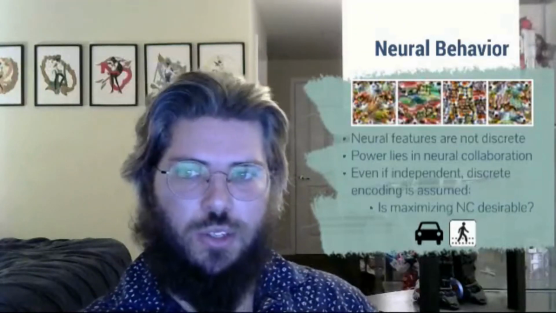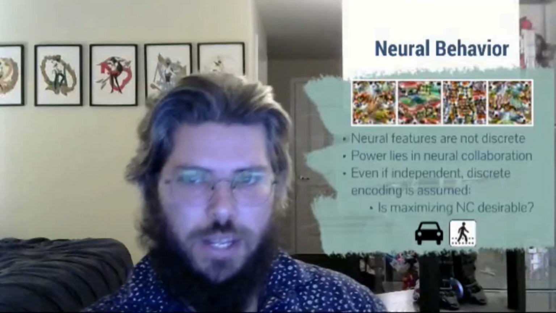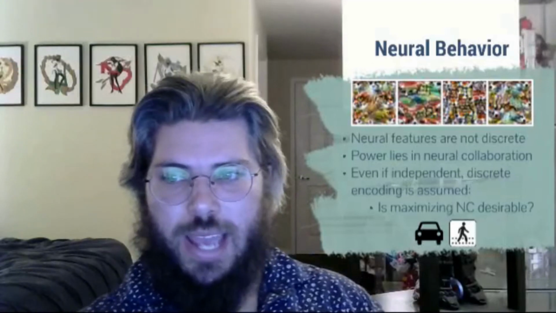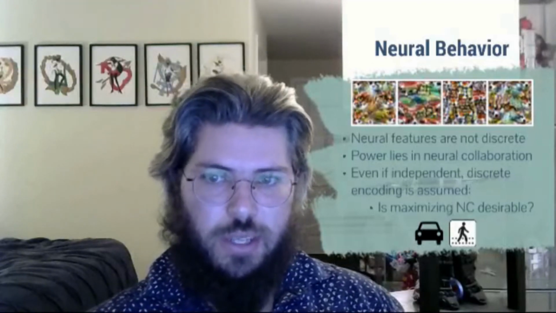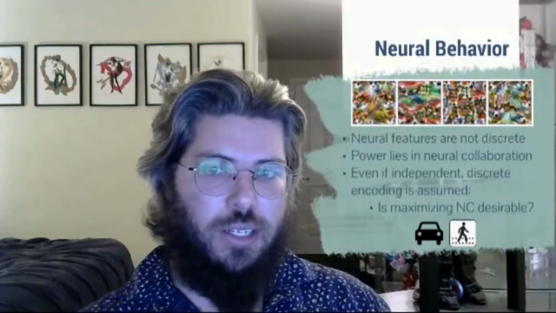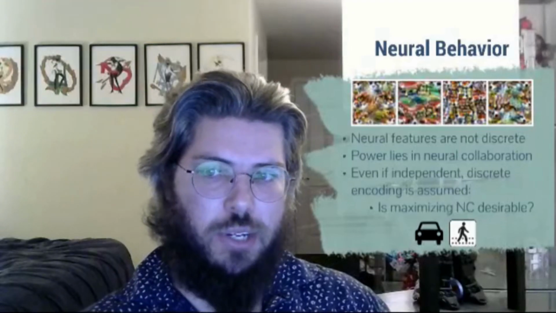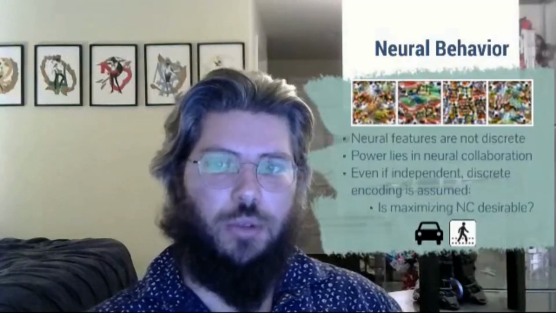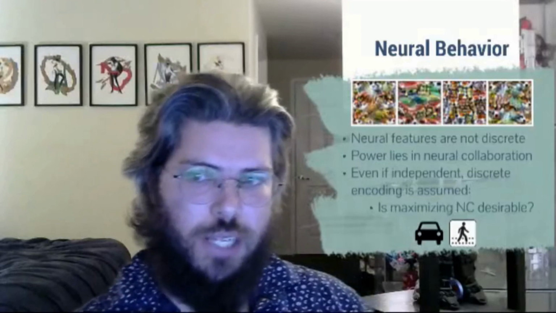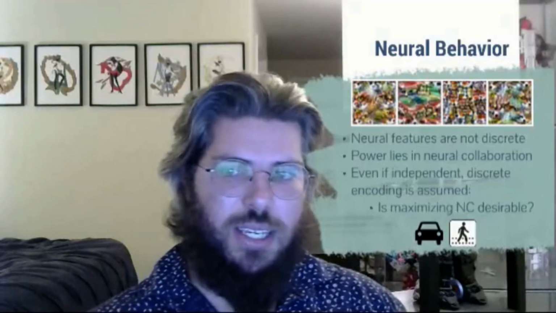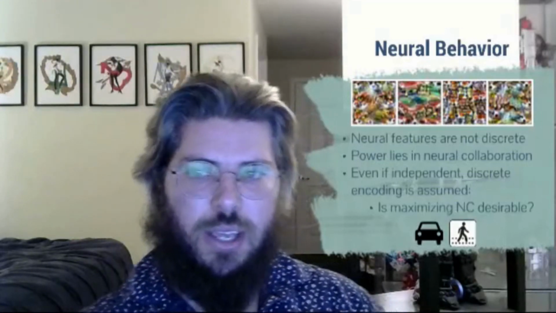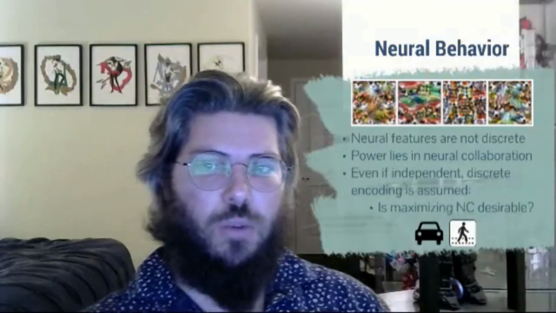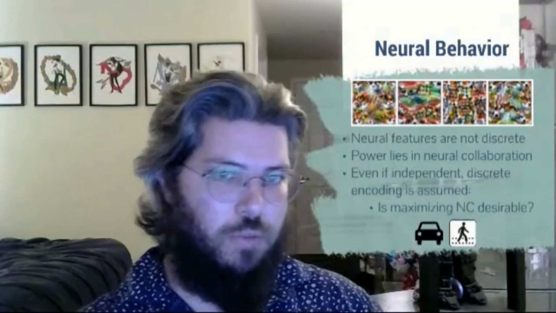Keeping it simple, let's assume that there are 2 neurons, one that detects cars and the other that detects pedestrians. The NC maximizing objective is fully satisfied by an image that contains both a car and a pedestrian, but remains silent about the other 3 possibilities that might be crucial for testing. Overall, it seems like neuron coverage maximization as an objective focuses on one direction at the expense of other valid directions.